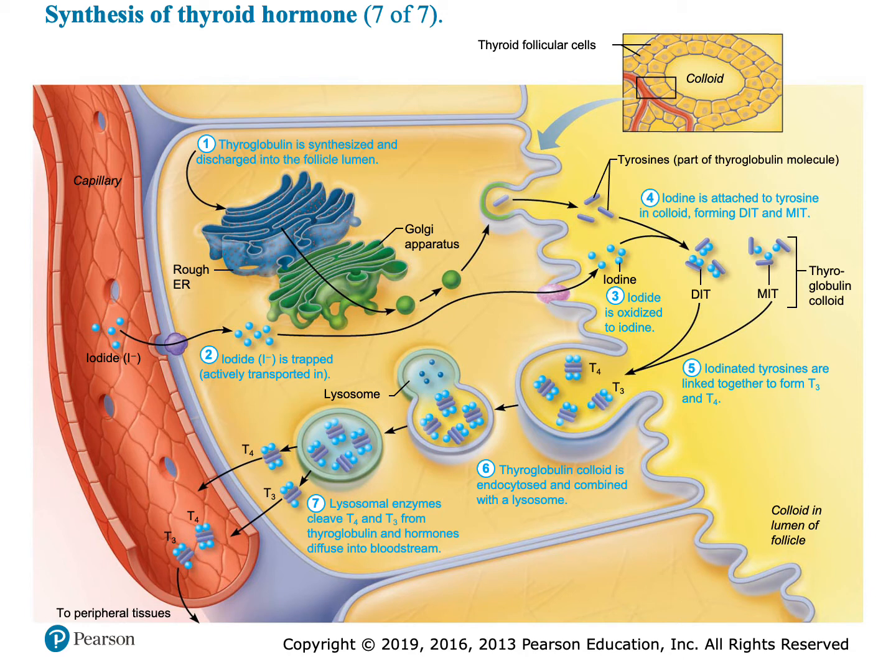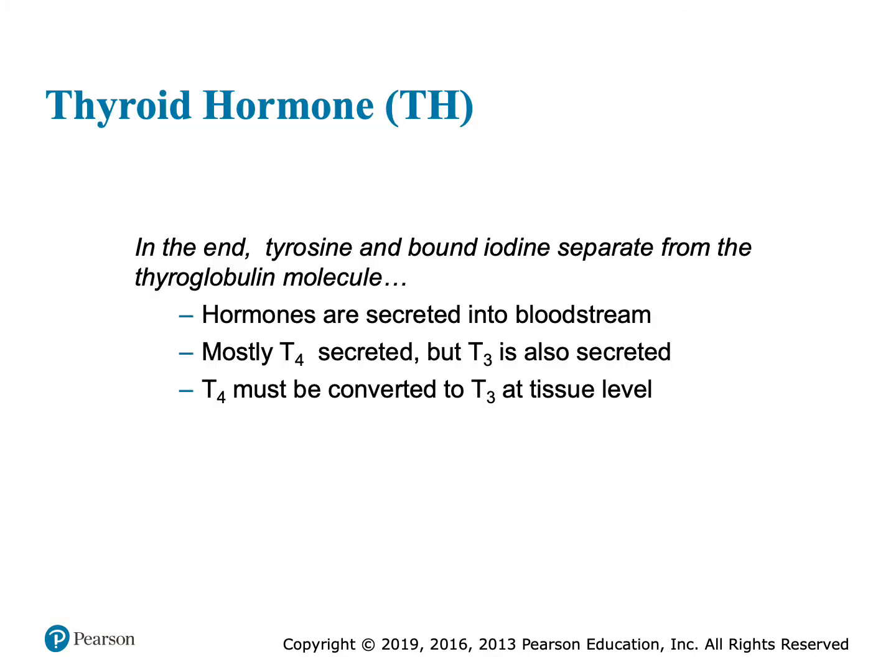In a nutshell, all of that's going to end up back down into the bloodstream, and they're going to go find their target. And this is what I just said. Mostly you have T4. T3 is also secreted. T3 is the most active form of thyroid hormone.